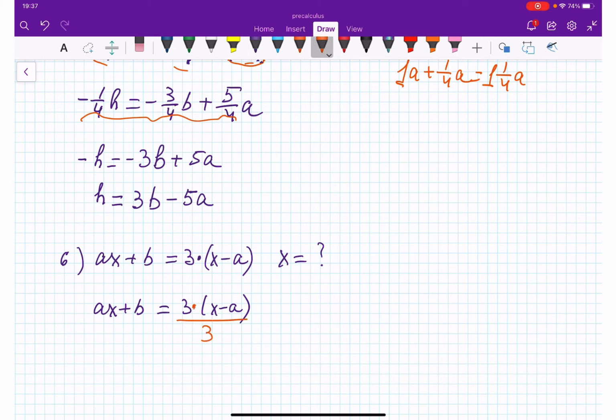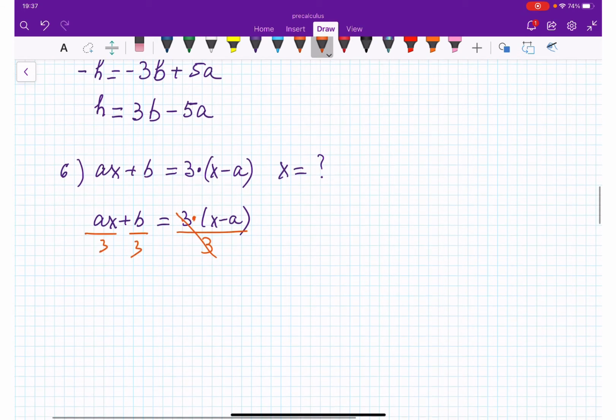Because here we have multiplication, which means same thing we are going to do here. Divide by 3, divide by 3. This 3 and 3 gone. And we are getting a over 3x plus b over 3 is equal x minus a.